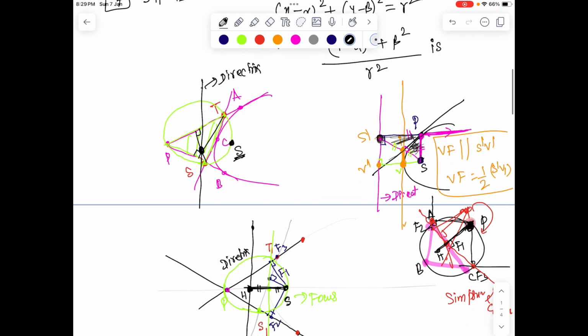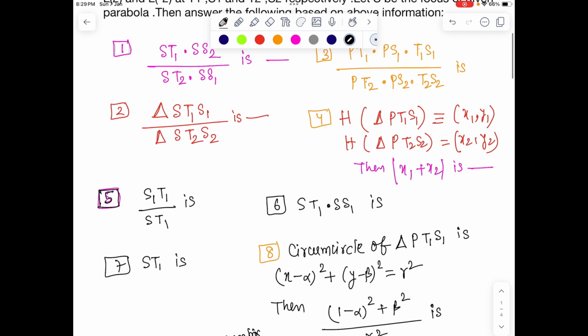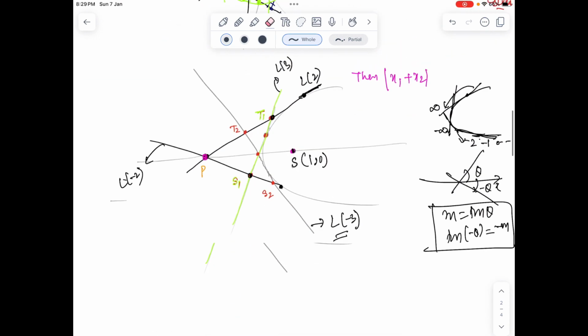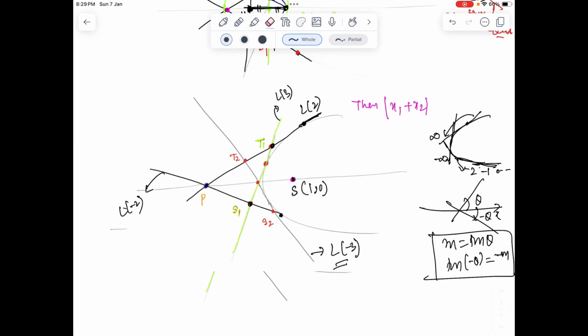Now once you prove this property, all these results are obvious. Let me start with the fourth result first: the orthocenter of the first triangle PT1S1. As you can clearly see in the diagram, we have P, T1 and S1.